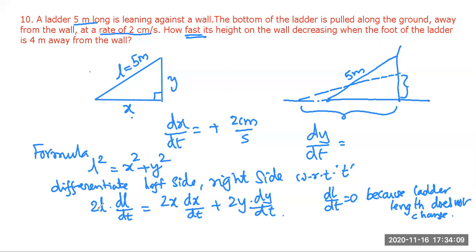So you will get 0 equals, and the 2 can cancel, 0 equals x dx by dt plus y dy by dt.